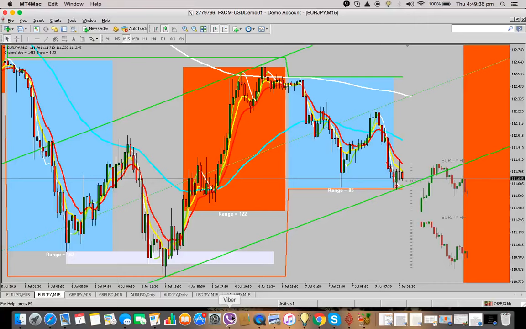Now, with binary options, the key is to trade that which is familiar. All right, I've said this so many times before. Binary options and forex do differ quite a lot, but the same technical analysis can be applied to both of them.